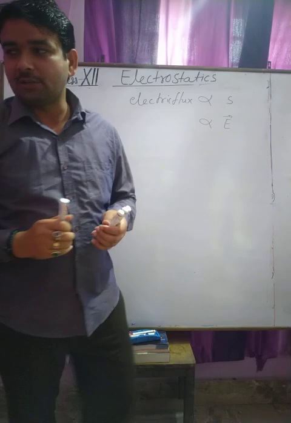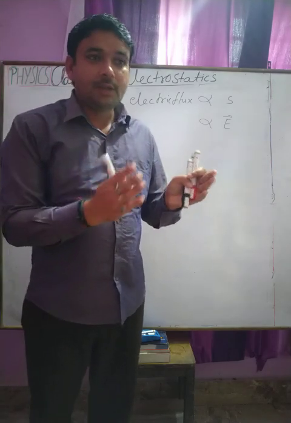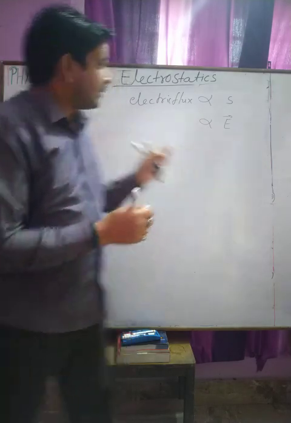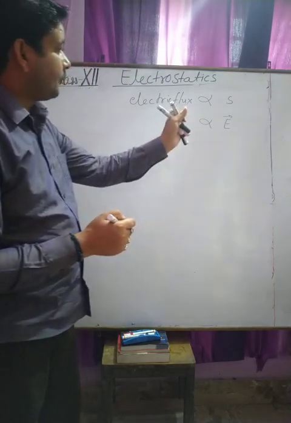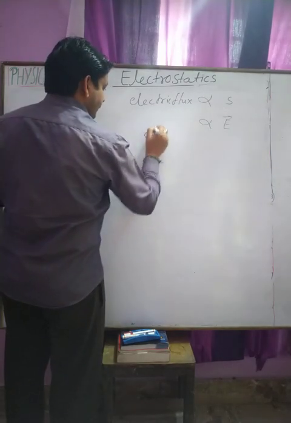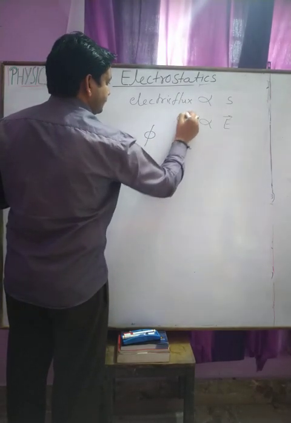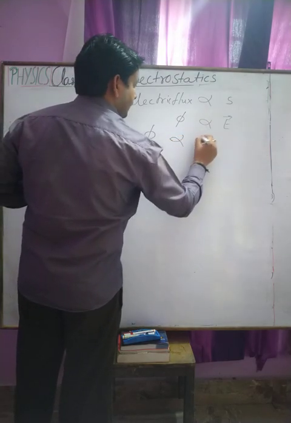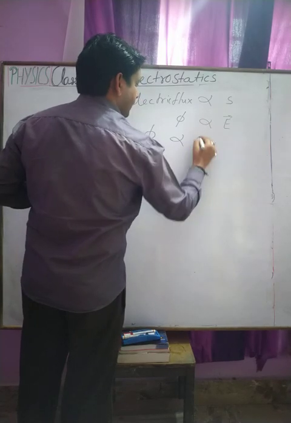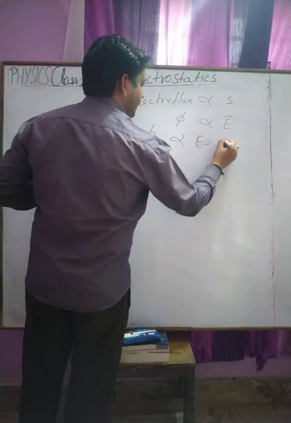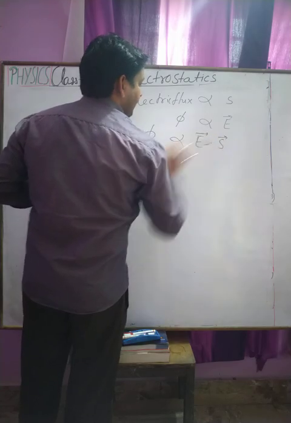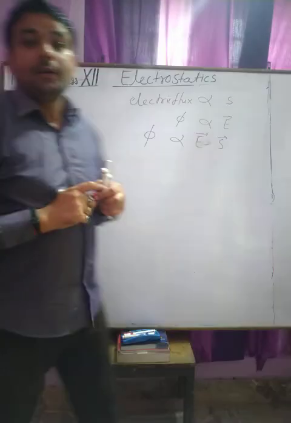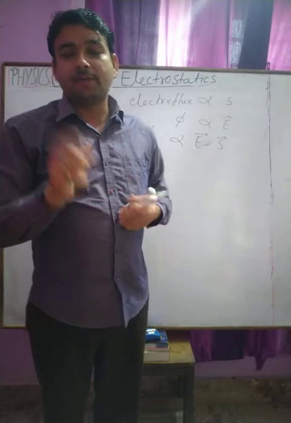We will understand what a surface is and what conditions are used to calculate it. So this flux is proportional to the electric field dot surface. Here we are using surface as a vector quantity.